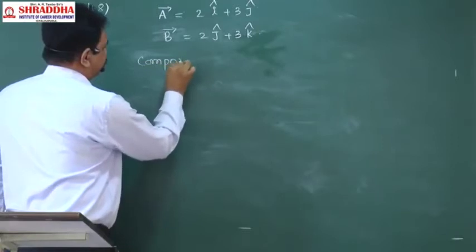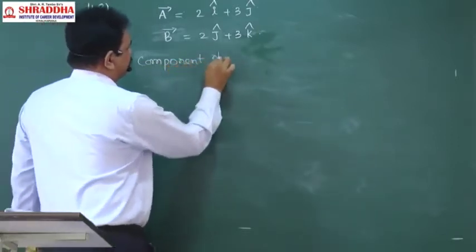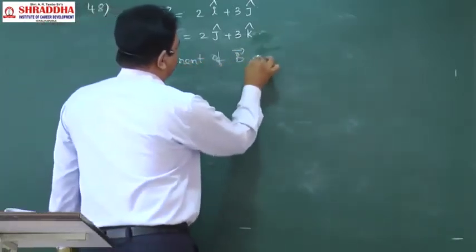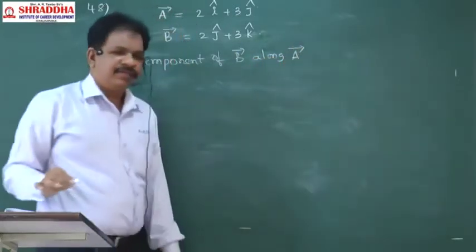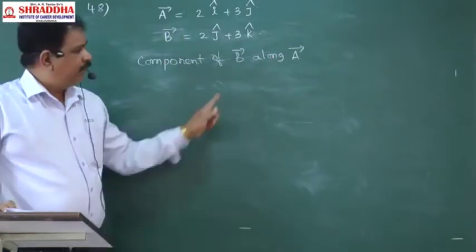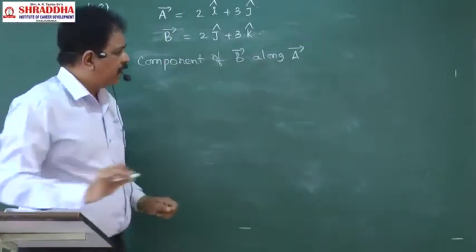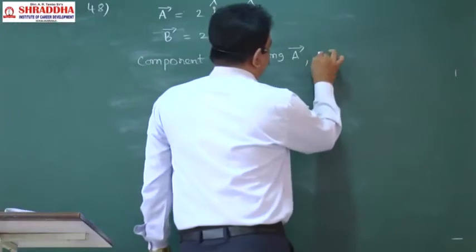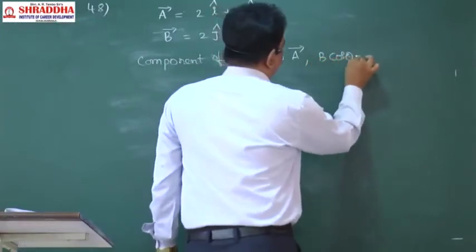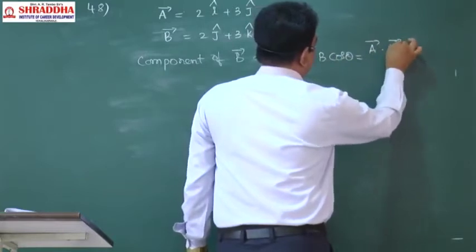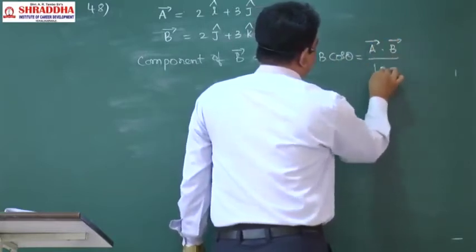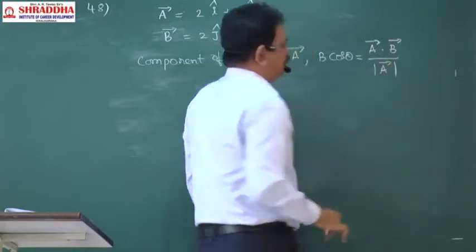Component of B bar along A bar, that value will be equal to B cos theta. This is A bar dot B bar by modulus of A bar.